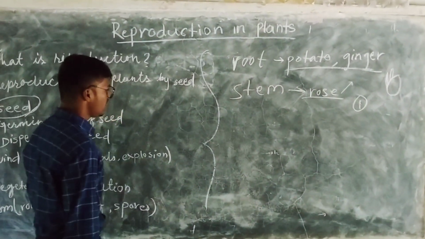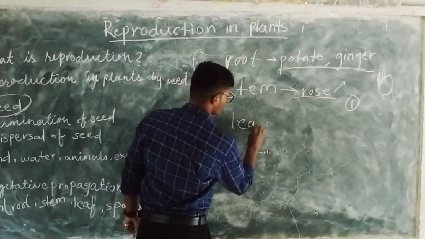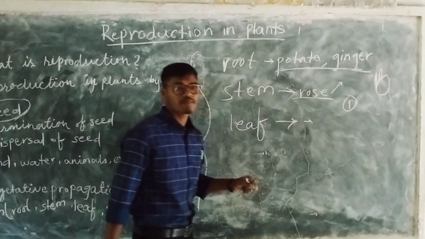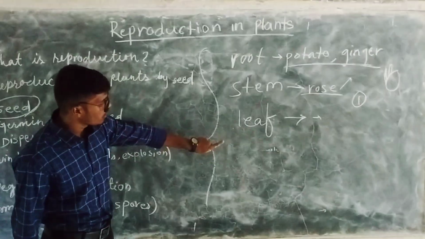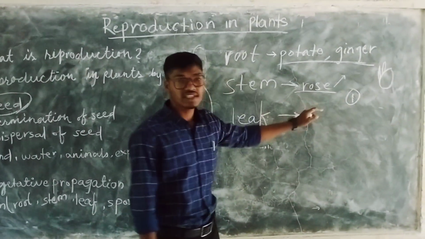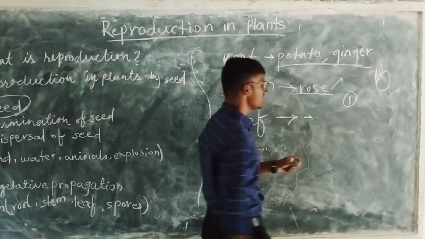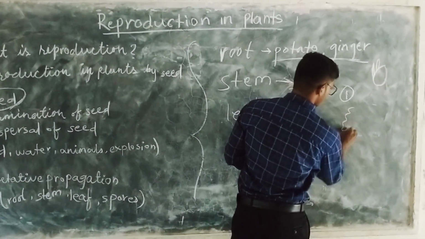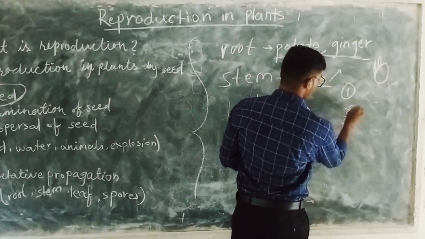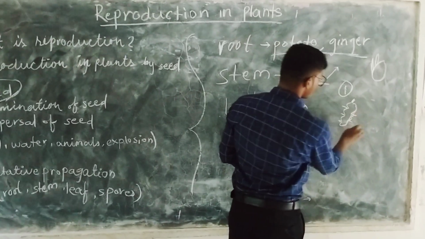And the third one is leaf. There are some kinds of leaf by which the baby plant comes out at its edges, and we can find them in these edges.